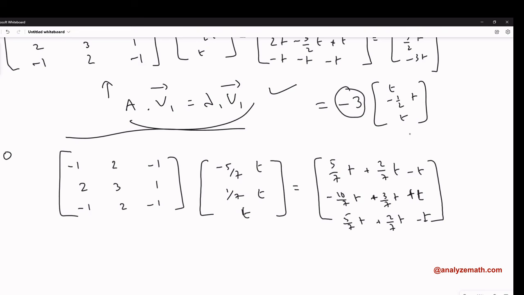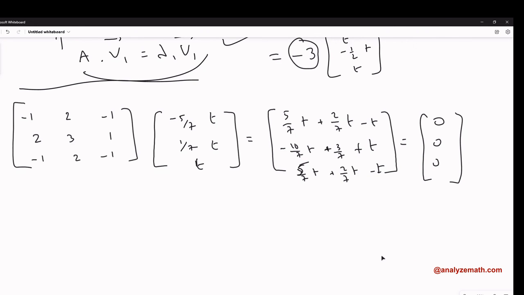So here are all the calculations. Now we start simplifying. 5 plus 2 is 7, 7 over 7 t, t minus t, 0. Then for the fractions, negative 10 plus 3 is negative 7, minus 7 over 7 t, minus 1 plus 1, 0. And then 5 over 7 and 2 over 7 is 7 over 7, which gives me 1 t minus t, 0.